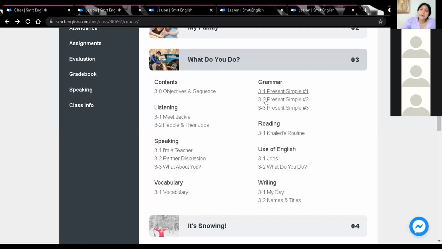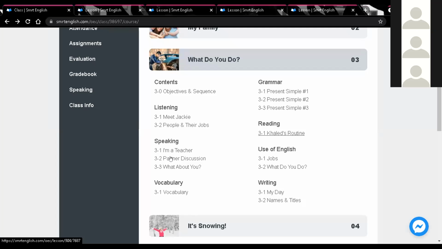So the present simple in 3 different ways. And listening, we have two activities of listening, reading, speaking, use of English, which is related to speaking, but more with vocabulary. We also have a section for vocabulary and practicing writing.